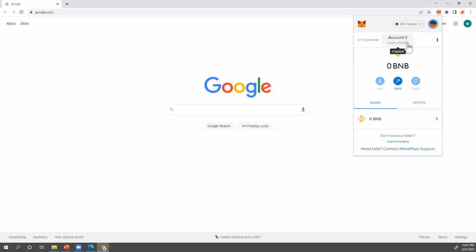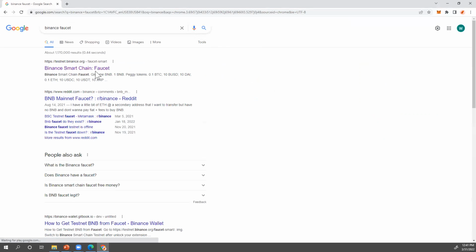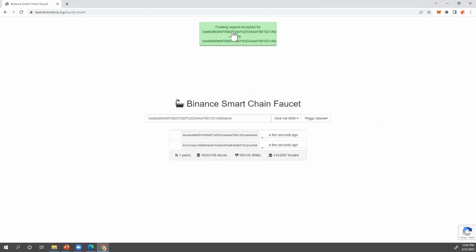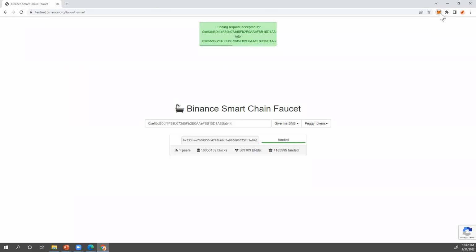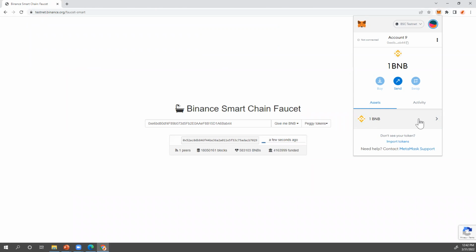I copy this address. Then I'm going to go to the Binance faucet over here, and paste the wallet address here. Click give me one. When you see the green, it means your fund request is accepted. Then you can go back to the wallet to see that your wallet is already funded with one BNB. So this is for BSC testnet.